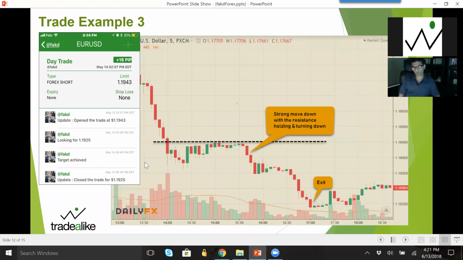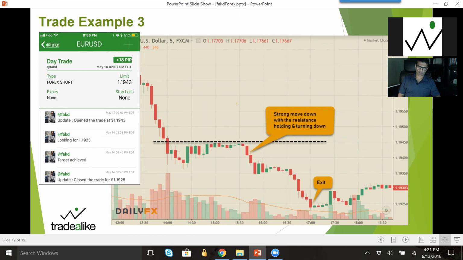Okay, makes sense. Let's go to this last one, which is a Euro USD pair. Again, is this because this was sort of a resistance here? This was again a case of a support turned resistance.